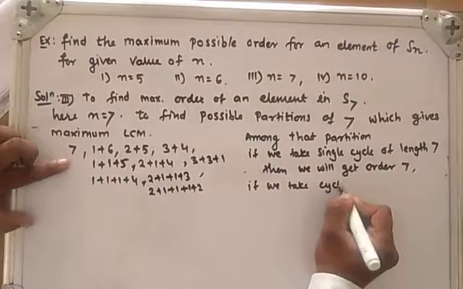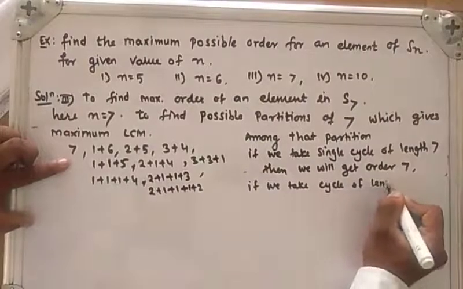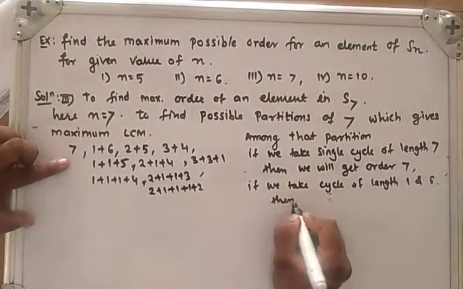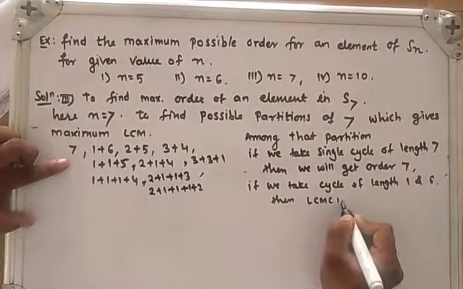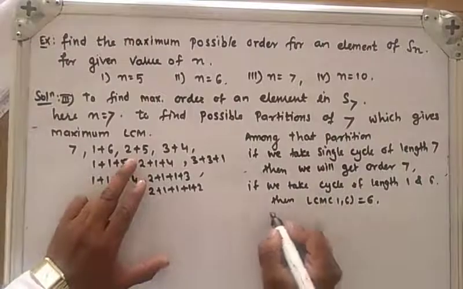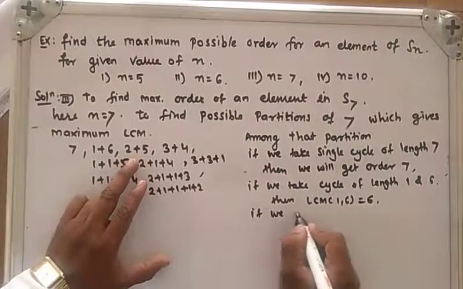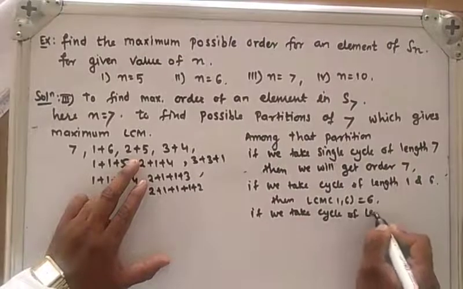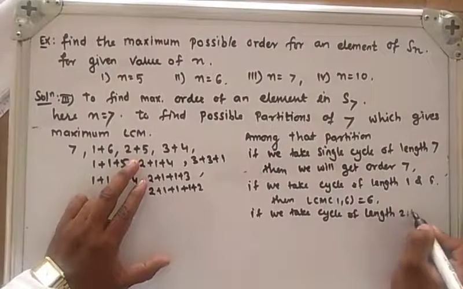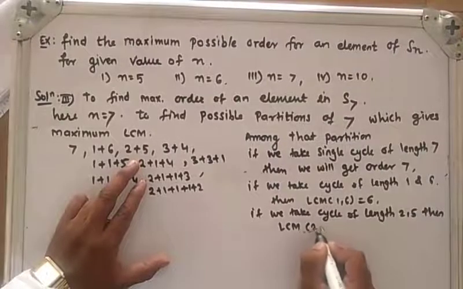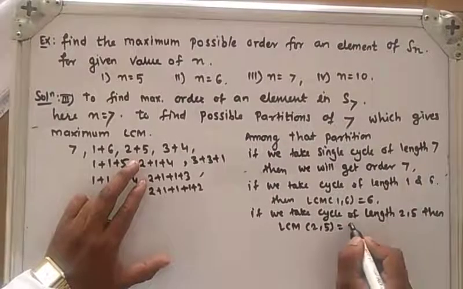Now if we take cycles of length 1 and 6, then the LCM of 1 and 6 will be 6. If we take cycles of length 2 and 5, then the LCM of 2 and 5 is 10.